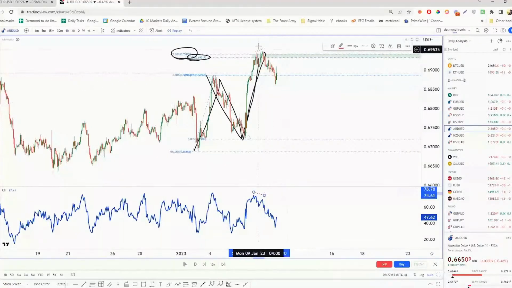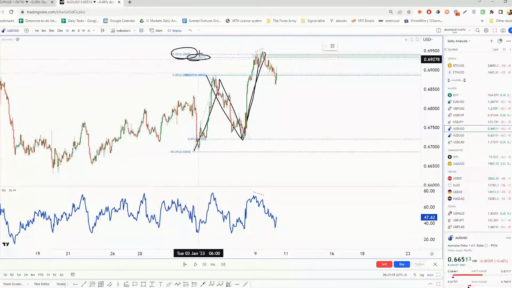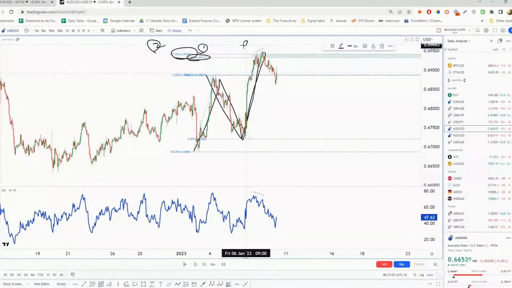So in this example, it's a bearish divergence. We have not only the 127, we have not only the negative 27, we also have a bearish divergence versus RSI. So that gives you a good probability that price is gonna drop.